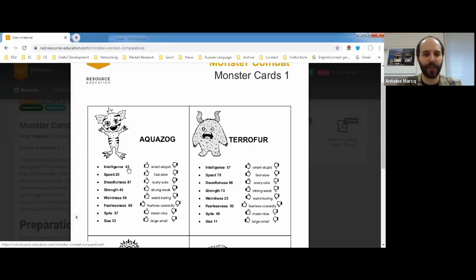So I'm going to say something like, well, Aquazog, I see strong dreadfulness, strong spite, and weak speed. So I can either say something like, I think my monster is scarier than yours, or I can go the other way. I can go with something very weak. I think my monster's slower than yours. Only one sentence, okay? I can only choose one.